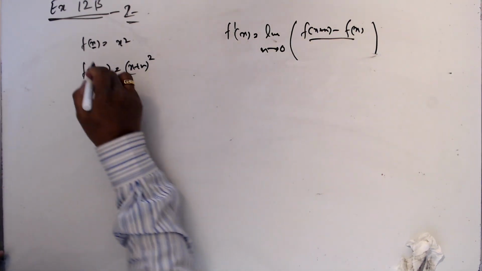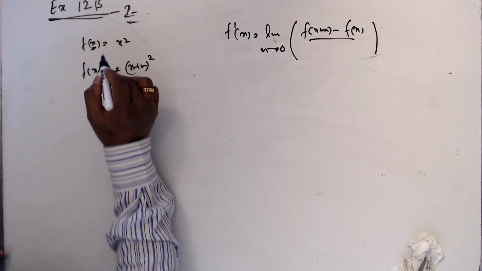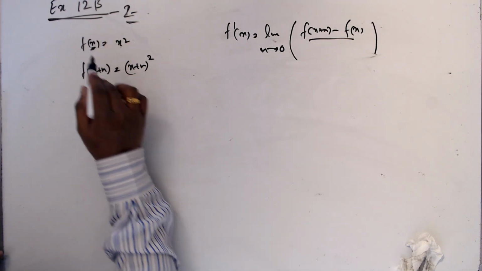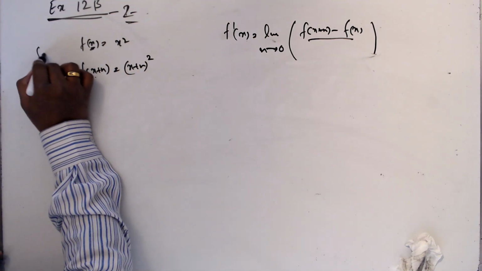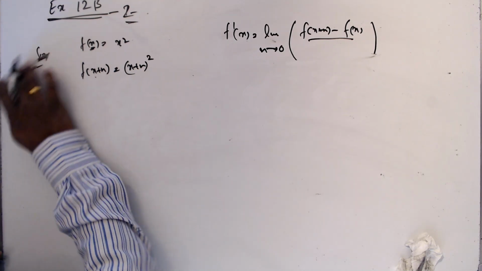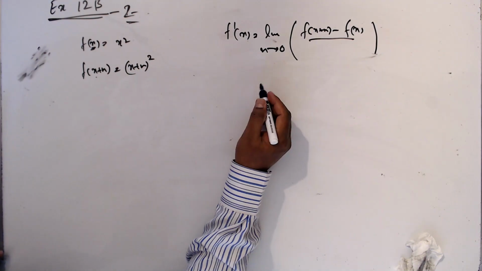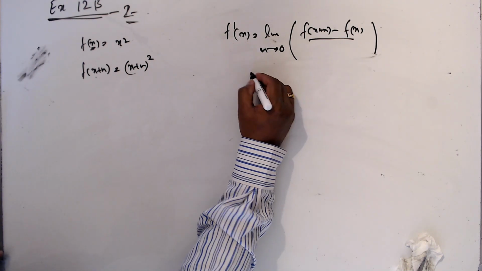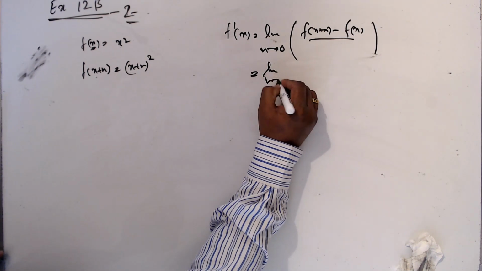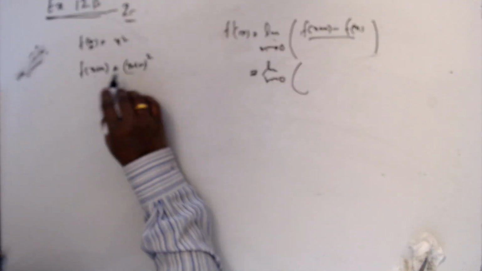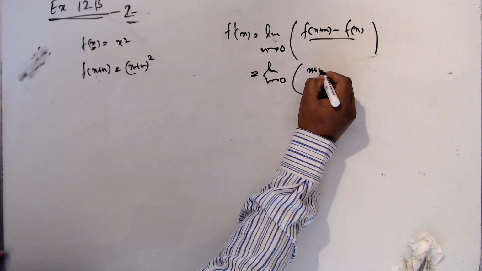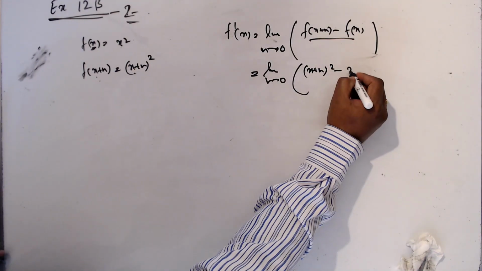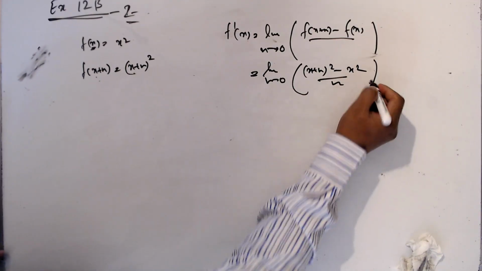Now this x is any point, not a special point like x equal to 2. Right? Now, limit h goes to 0, f(x plus h) means (x plus h) square minus x square over h.